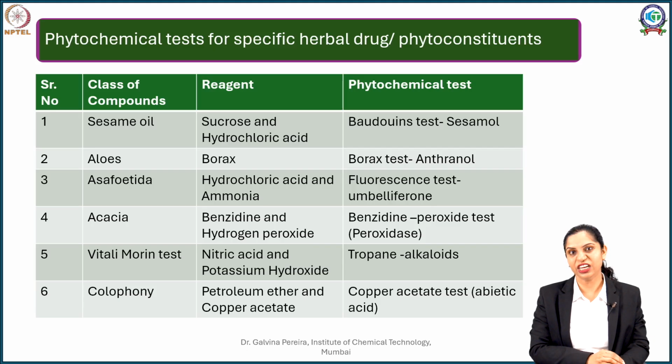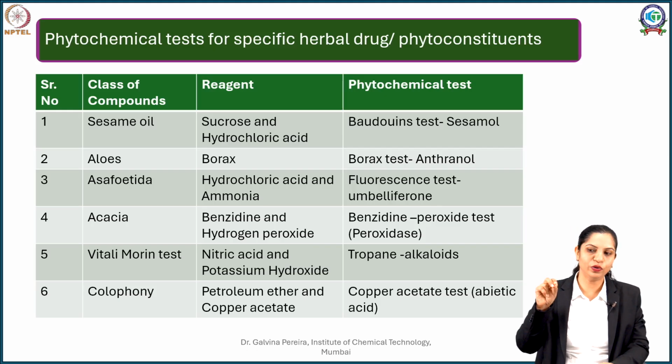Giving you a few more examples from the carbohydrates. When we did acacia, we said acacia contains an enzyme, especially the fresh sample, called peroxidase. So, if you take a little bit of benzidine and hydrogen peroxide, this peroxidase enzyme will help in oxidizing it and your benzidine will form a blue color compound.